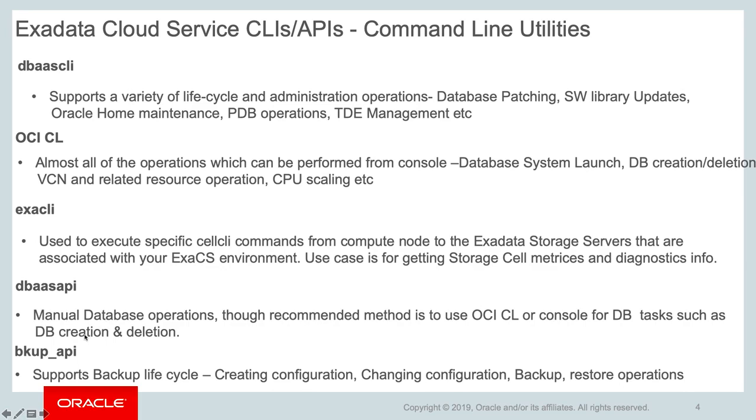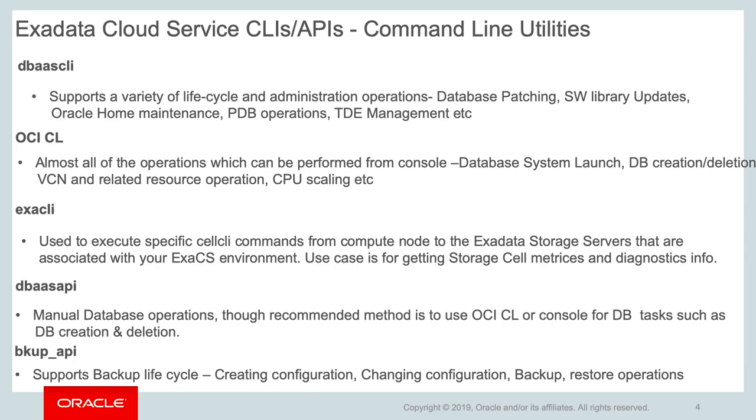The next command we'll look at is backup API, and this API supports backup lifecycle, creating configurations for a specific backup or changing a configuration for your backups, and doing any kind of restore operations within the ExaCS environment. They can be easily done using this API.